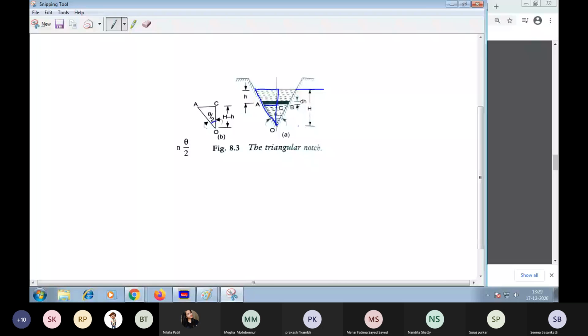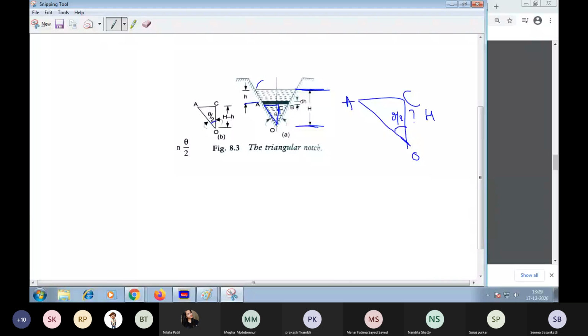If this is the total height capital H and this is the small h, that is the height of the strip from the free liquid surface, then this distance is equal to how much?